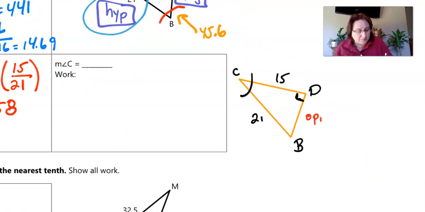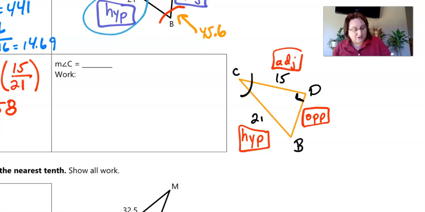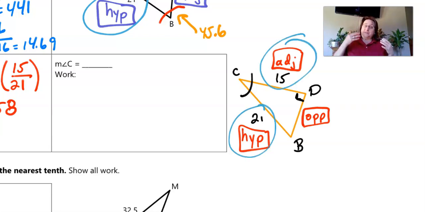Now, this becomes my opposite side because it's across from the reference angle of C. The hypotenuse still stays the hypotenuse. That doesn't change, does it, guys? And this one now becomes the adjacent. So now if we look at this, we still have the hypotenuse, but this time we have the adjacent. Which trig function would we use if we have hypotenuse and adjacent?